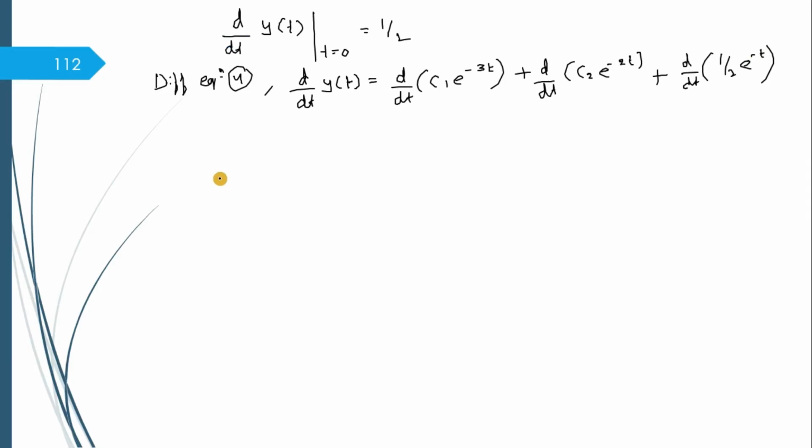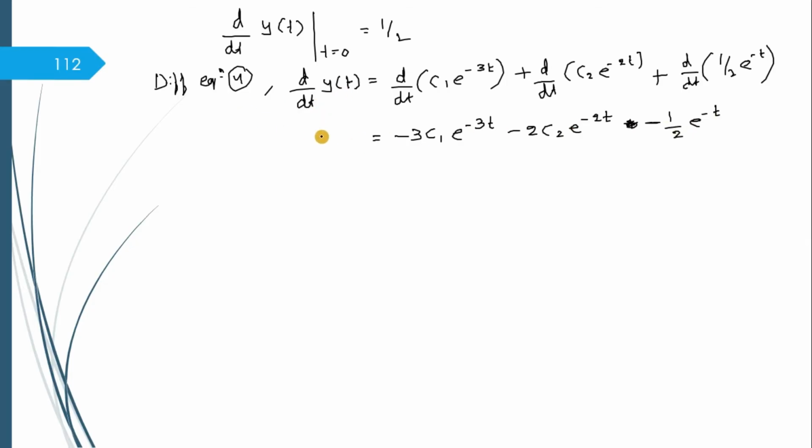So if I solve it, this is equal to minus 3 c1 e raised to minus 3t, since c1 is a constant. Here also minus 2 c2 e raised to minus 2t. Here minus half e raised to minus t.